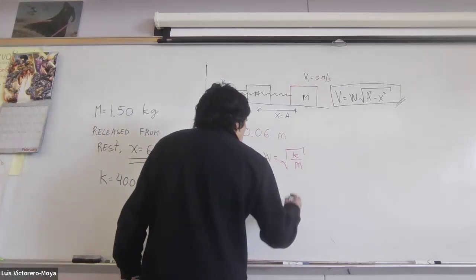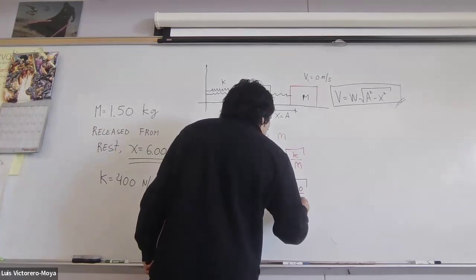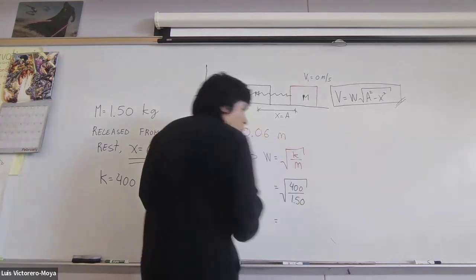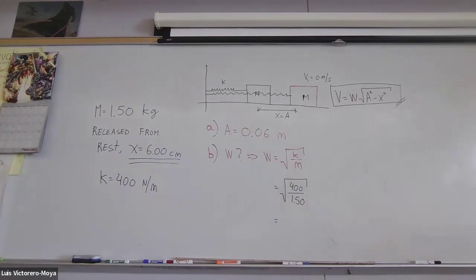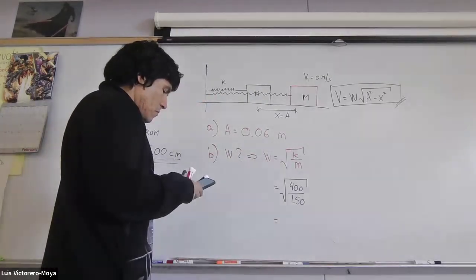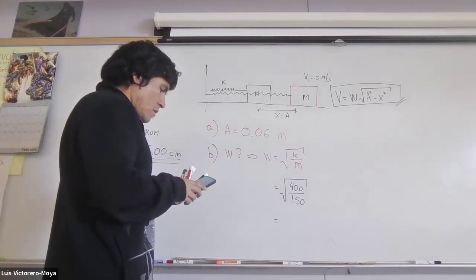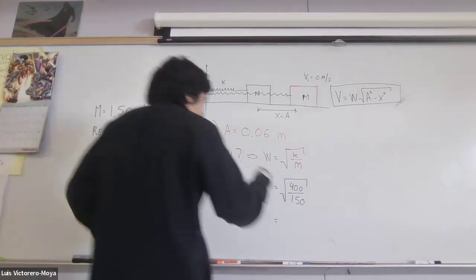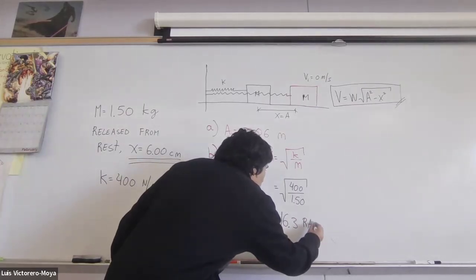So this will be the square root of 400 over 1.50, which will end up being 16.3. What are the units? Rads per second.